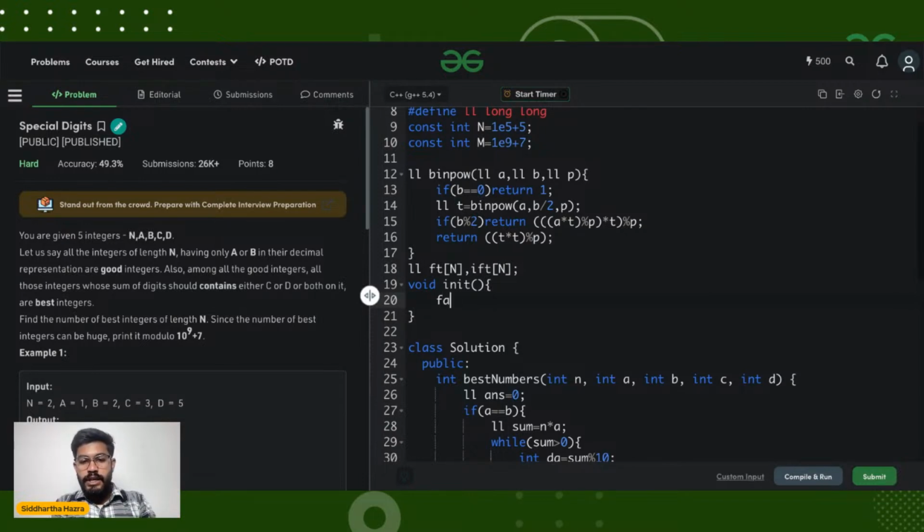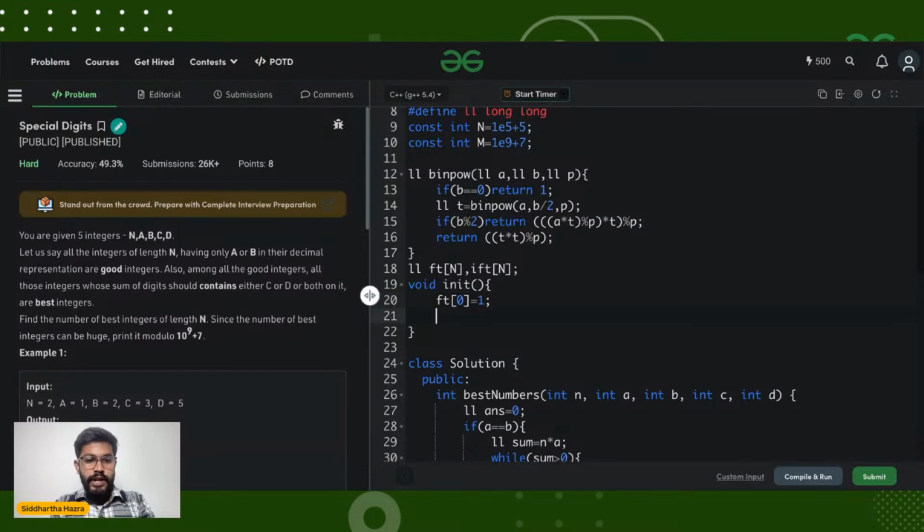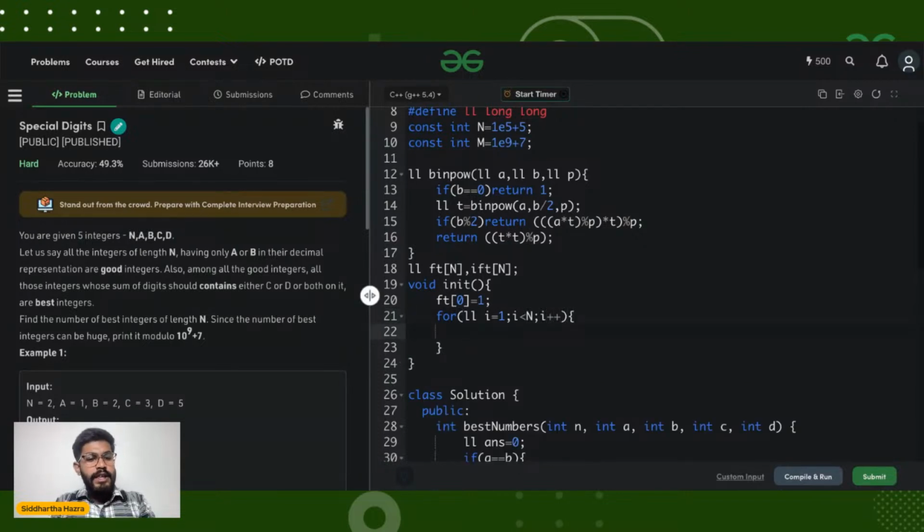So now we would say factorial of 0 is equal to 1, and then we would start the iteration for long I is equal to 1 and I less than n and I plus plus. And then we would say ft of I is equal to I multiplied by ft of I minus 1, since n factorial is n multiplied by n minus 1 factorial.